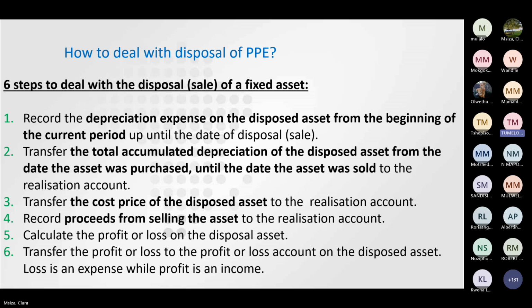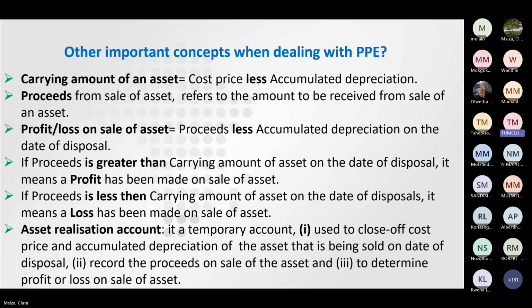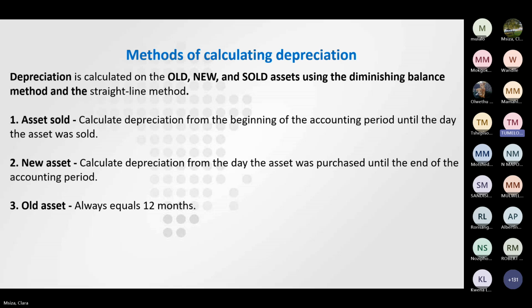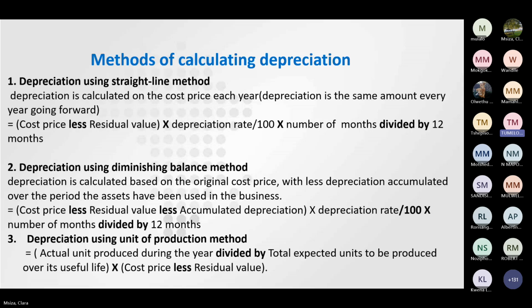So the proceeds that you gave us were 80,000. Then the accumulated depreciation for the diminishing balance was 36,000. So how did we get to the 16,000?